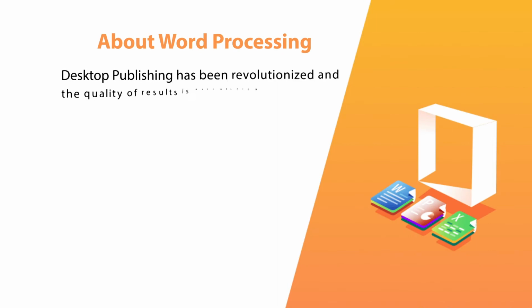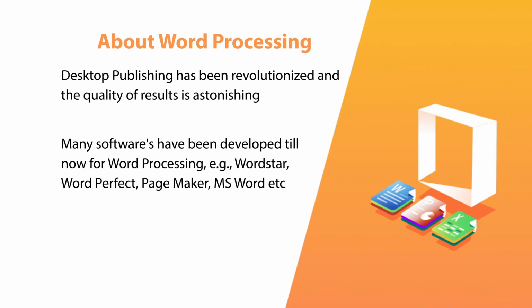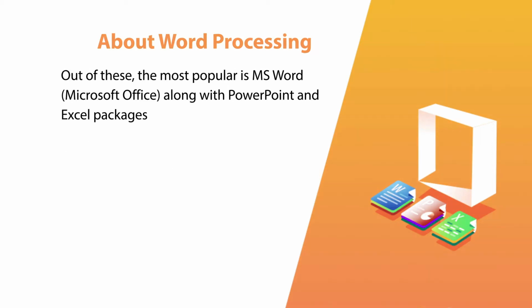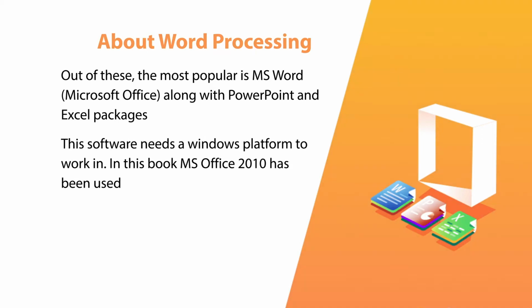Desktop publishing has been revolutionized, and the quality of results is astonishing. Many word processing softwares have been developed till now, such as WordStar, WordPerfect, PageMaker, and MS Word, and out of these the most popular is MS Word. Along with PowerPoint and Excel, the software needs a Windows platform to work, and we will see how it is used.